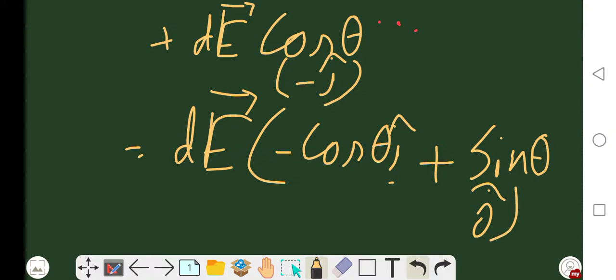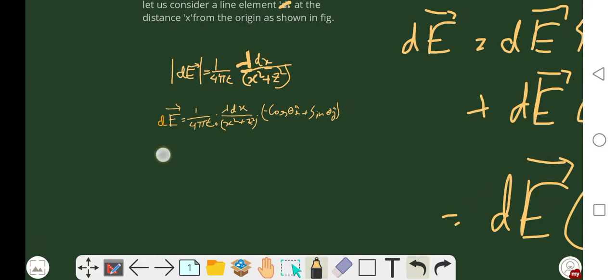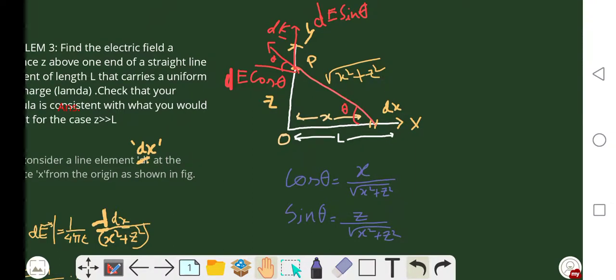What I actually did here is I just put the value of dE and wrote this. And here I calculate the value of cos theta and sin theta using the formulas of trigonometry. So cos theta is x divided by root over x square plus z square, and sin theta is z divided by root over x square plus z square.